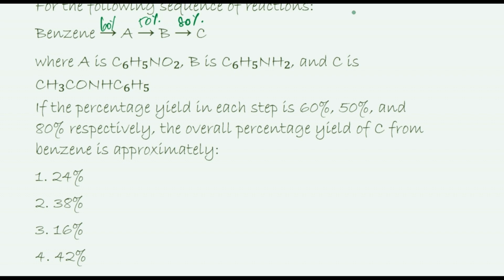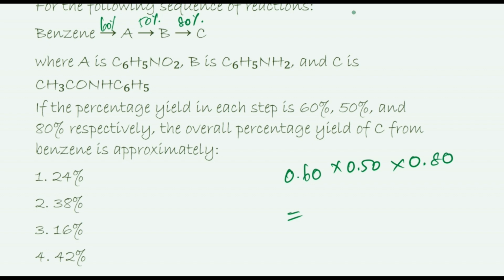So just calculate the overall yield. Overall yield can be calculated by multiplying the yield of the single steps. So here we are calculating 0.60 into 0.50 into 0.80.